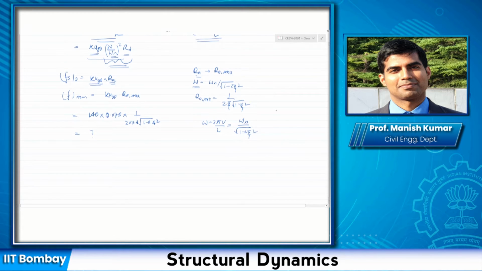Omega n is known to you as the square root of k by m. It is nothing but 140 divided by 1800 kgs, and there would be 10 to the power 3 here. So you can find omega n. Zeta is known to you. L is known to you as 30 meters. So from this expression, you can get the velocity at which your force becomes maximum.